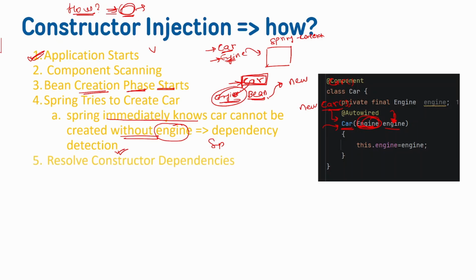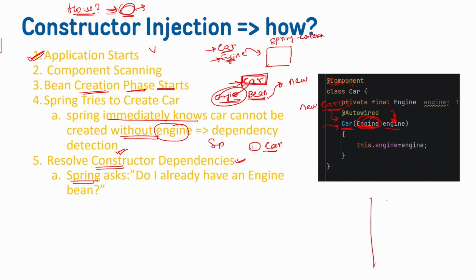Now it resolves the constructor dependencies. First it identified that the Car cannot be created without the Engine. So how is the dependency resolved? Spring asks the context. Currently the context is empty. Spring asks, do I already have an Engine bean?